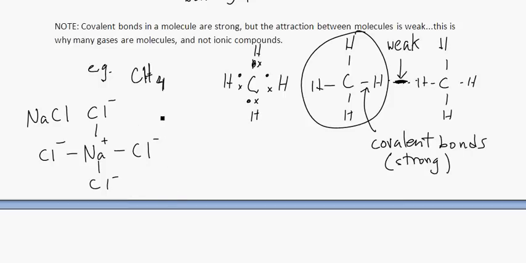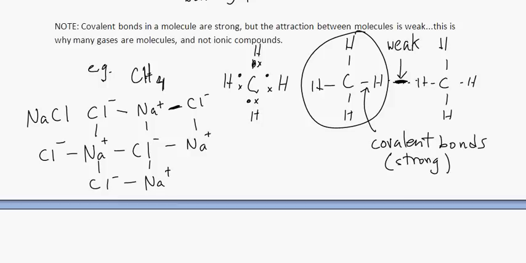But what you end up with is a crystal lattice. Try to imagine this in 3 dimensions, where each of these ions is surrounded by ions of the opposite charge. And because of this crystal lattice shape, these are solids usually at room temperature.